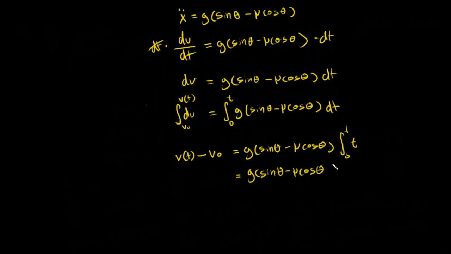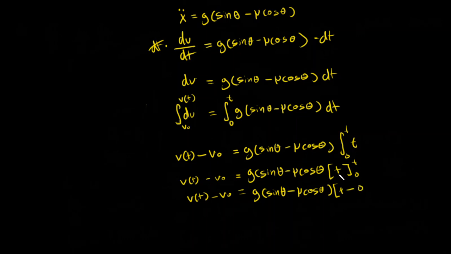Cosine theta, and then evaluate from 0 to t, which gives us, I'm not going to touch this for a second, so let me just rewrite, which gives us g sine theta minus coefficient of friction cosine theta, and then times, let's expand this, so you sub in t minus 0, which is just t.